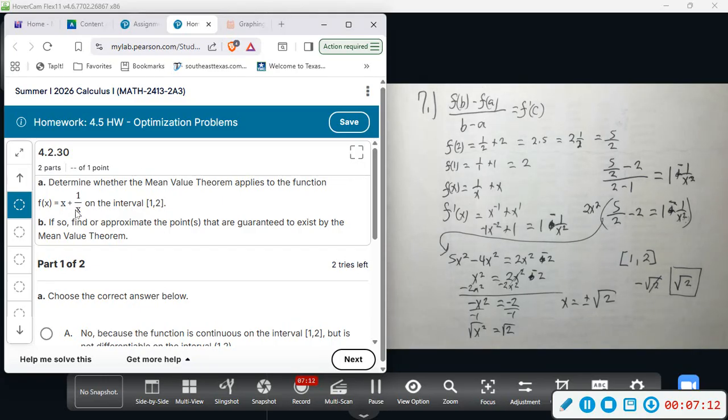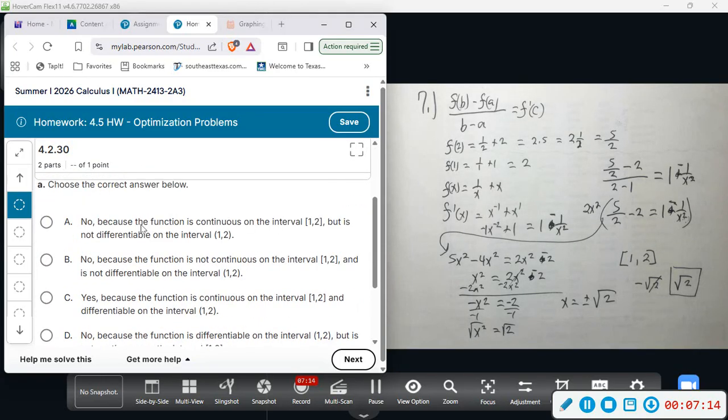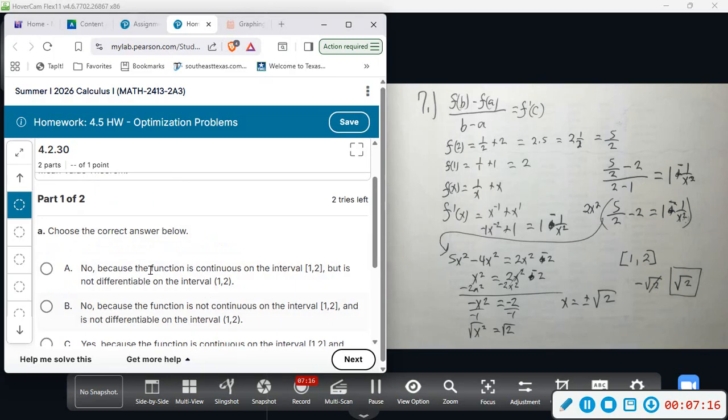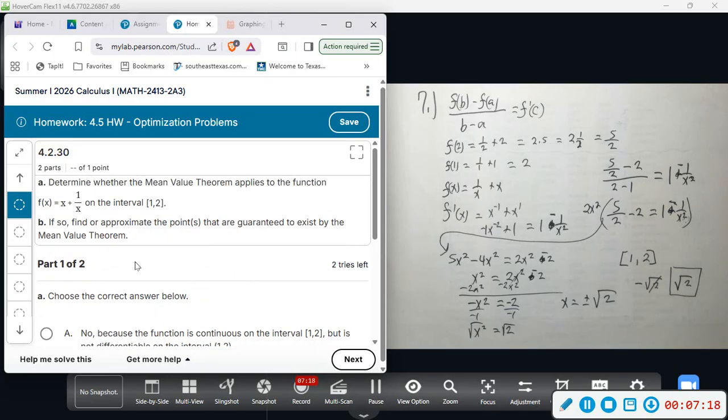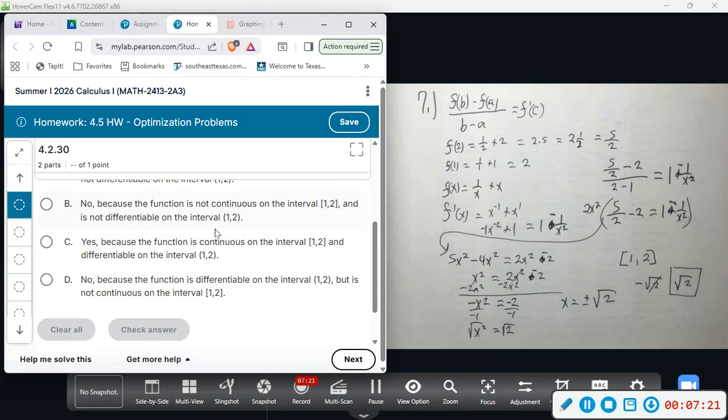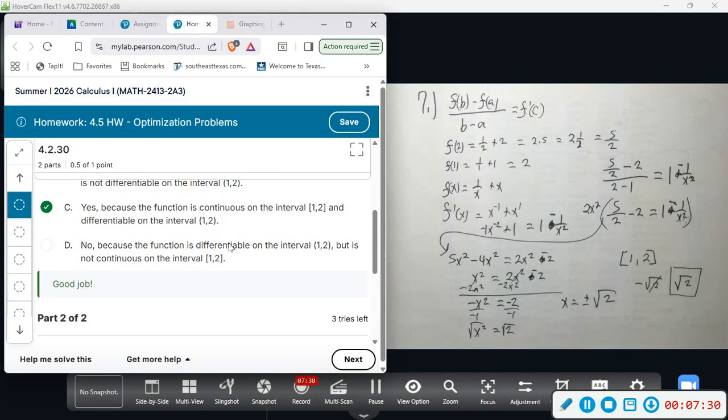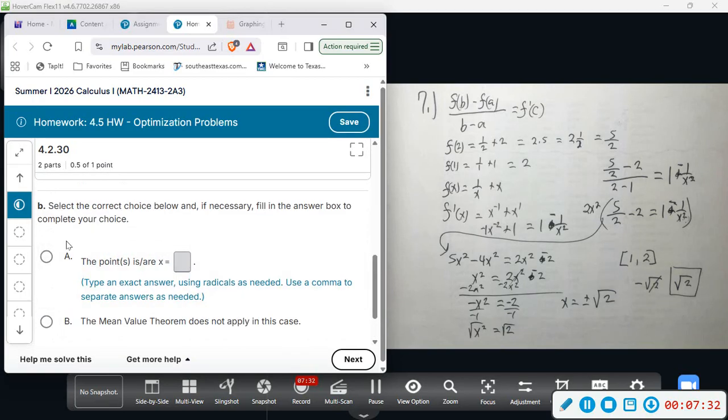All right. So first part A, does the theorem apply? We are saying yes, it's continuous on this interval and differentiable. Then part 2, the point that is guaranteed to exist: positive square root of 2.